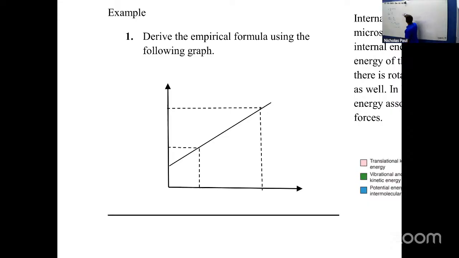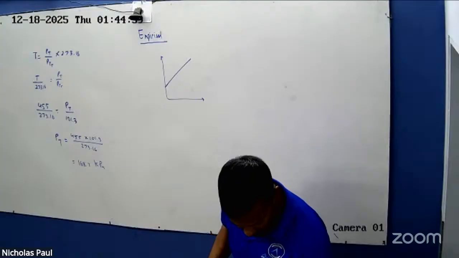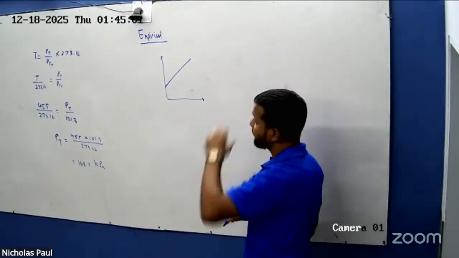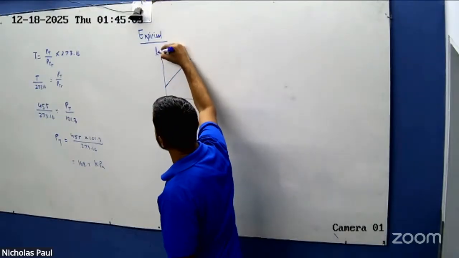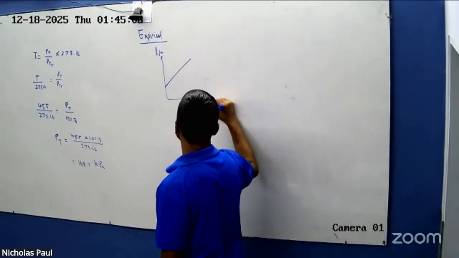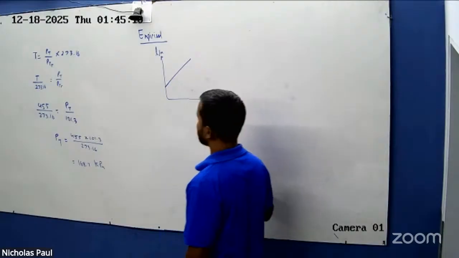So let's take a look at the empirical formula. In order for us to do the empirical formula, we need a little graph. Let's use length in meters, temperature in degrees Celsius.